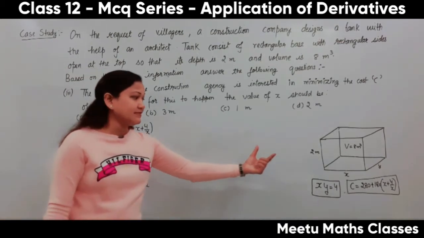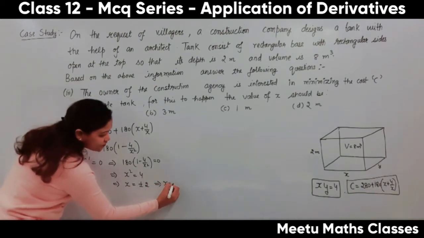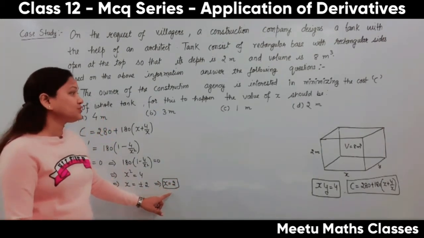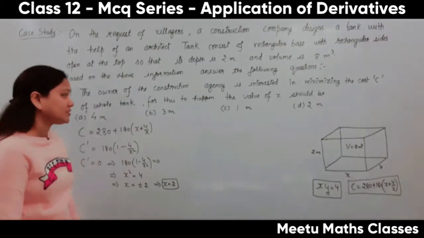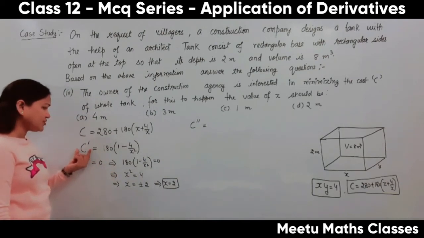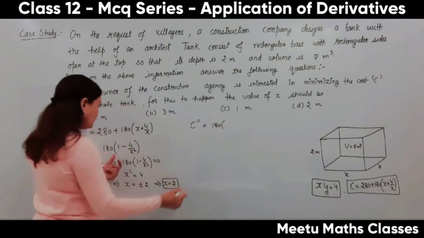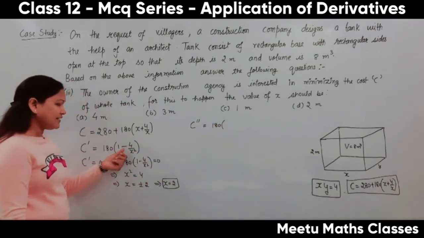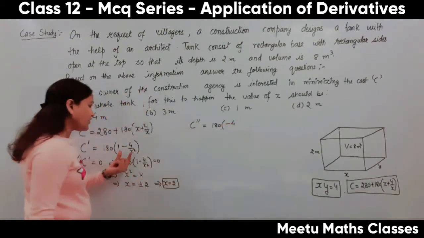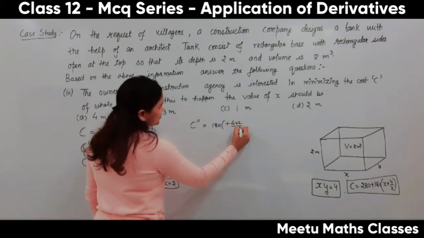But x represents the length, that cannot be negative. So we are going to ignore x equals minus 2. So x equals 2 is the critical point. But now we are going to check whether this is the point of minima or not. So for that, we are going to find the second derivative of your cost function, and the second derivative is 180 into the derivative of 1, which is 0, and the derivative of minus 4 upon x square is plus 8 by x cube.